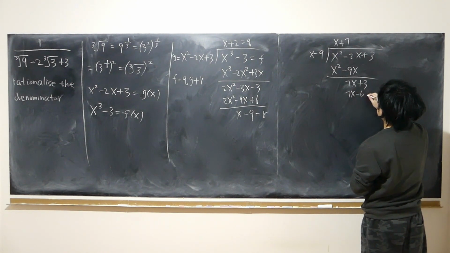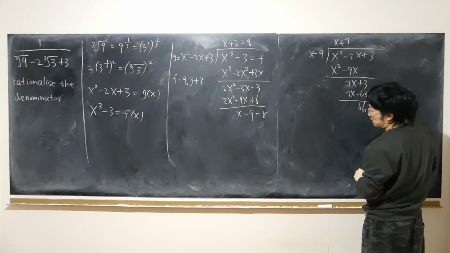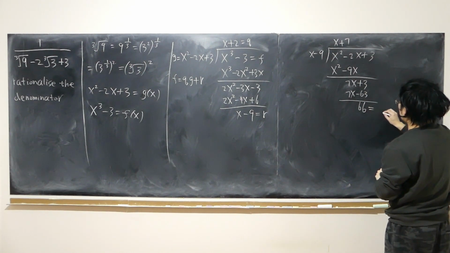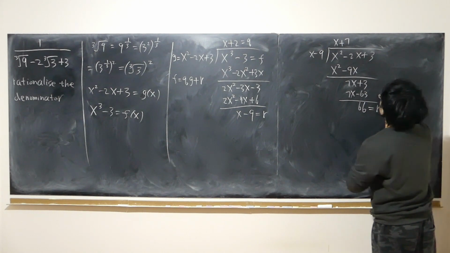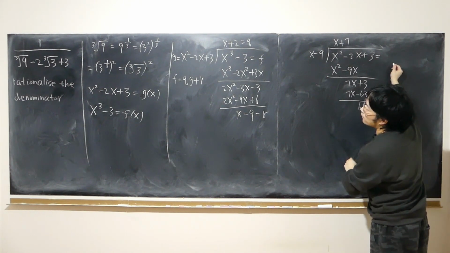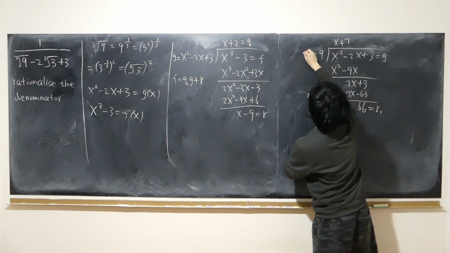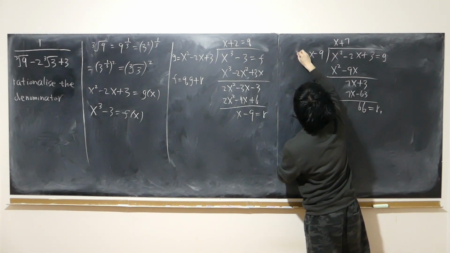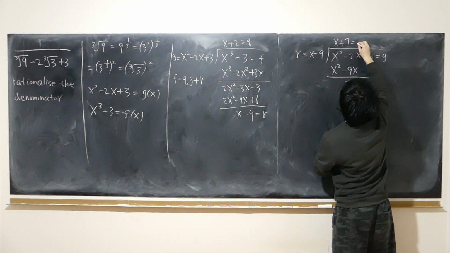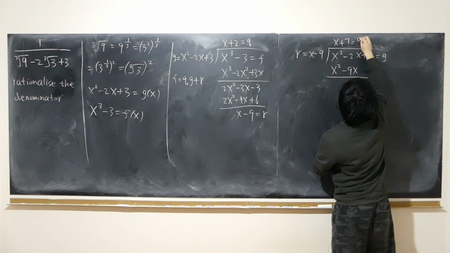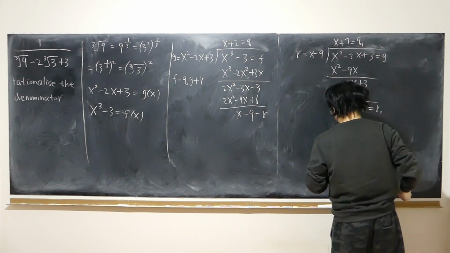Minus 63. I'm left with 66. Okay? My new remainder, R1. And this is my g. That is the previous remainder, r. This is the new quotient, Q1 of x.